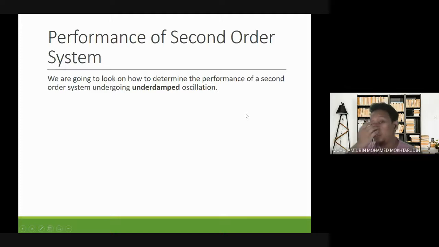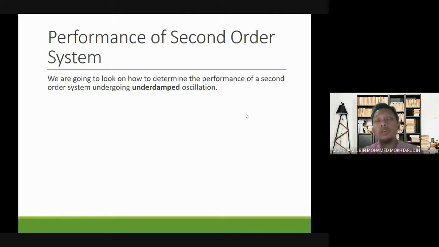Similar to first order system, there are certain characteristics or performance of the second order system. Usually we are focusing only on underdamped oscillation, because it is desired, or easily achieved, when designing a control system.